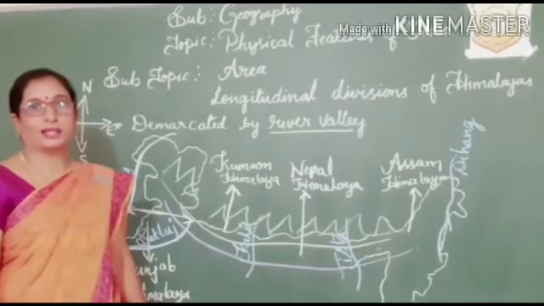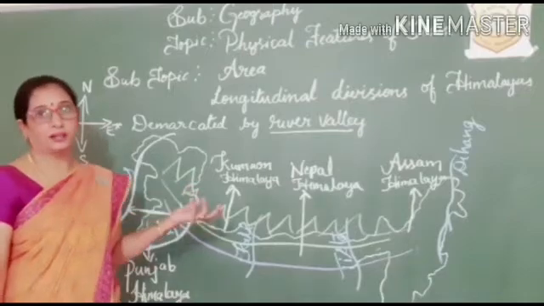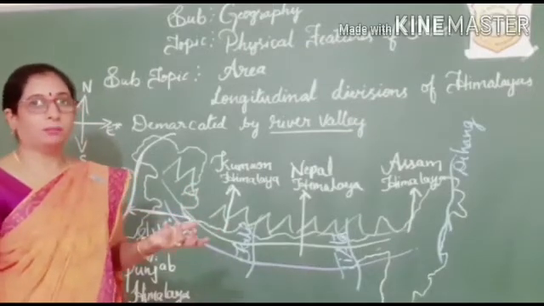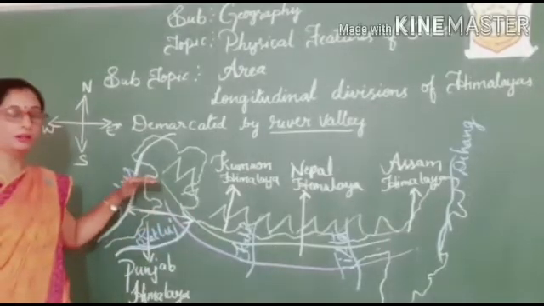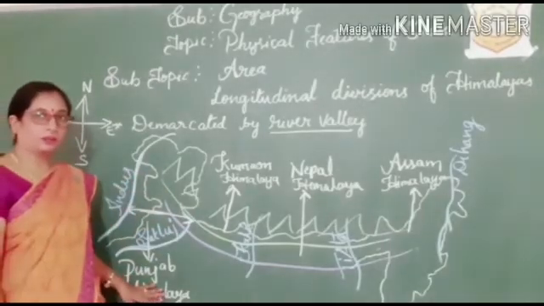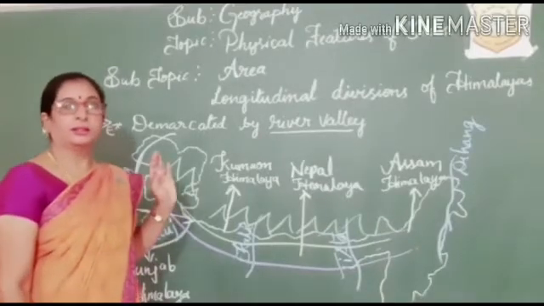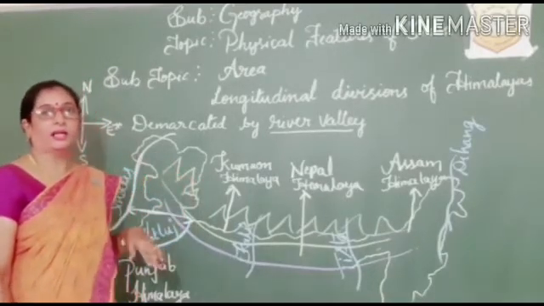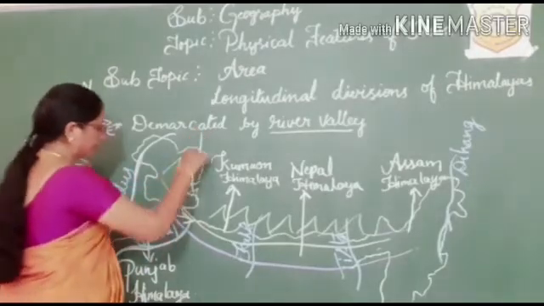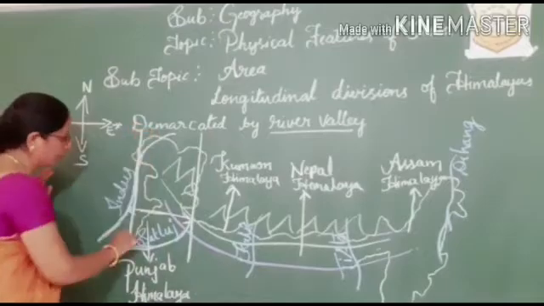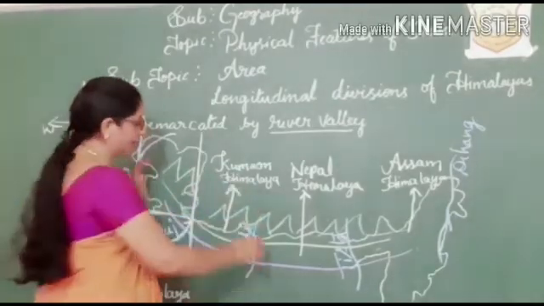Locally it is also called the Kashmir Himalaya, and even the Himachal Himalaya. Whatever the name, keep it in your mind. Geographically, Indus to Sutlej is the Punjab area; locally they call it the Kashmir Himalaya and the Himachal Himalaya. Understood, children?